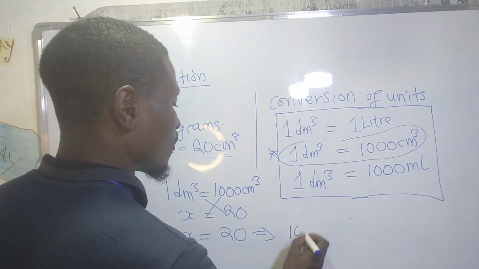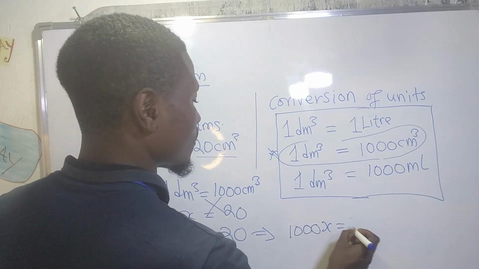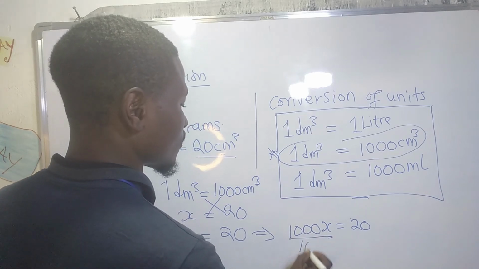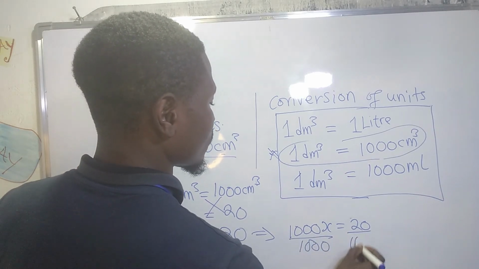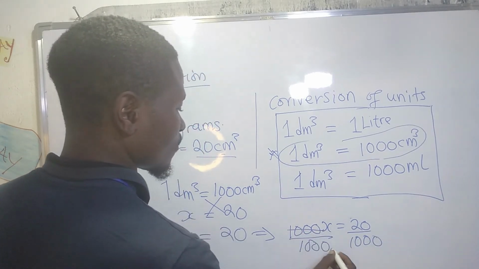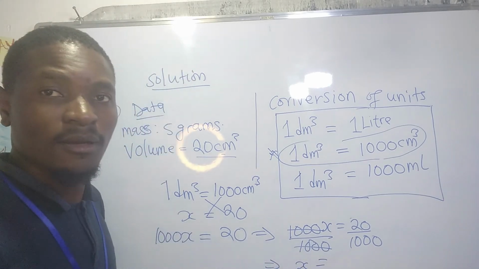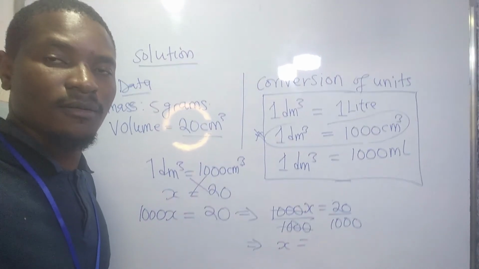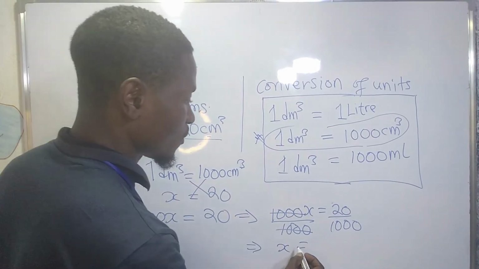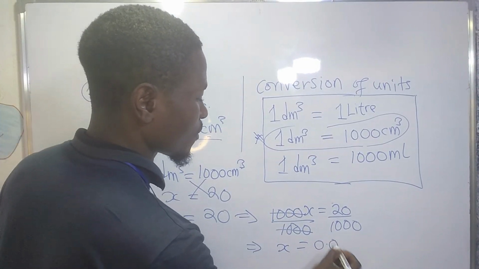So 1,000 x equals 20, and our x is going to be 0.02.